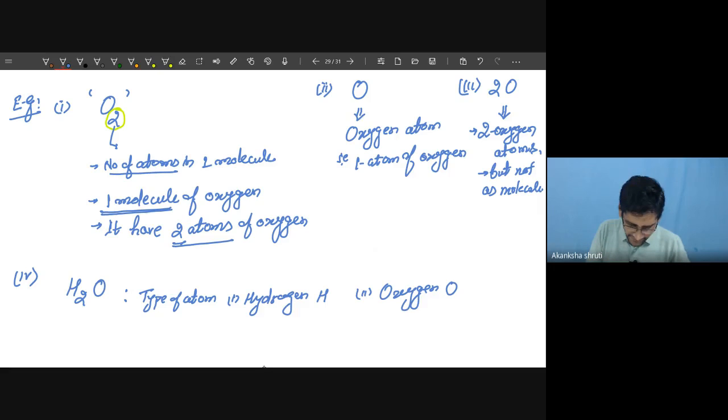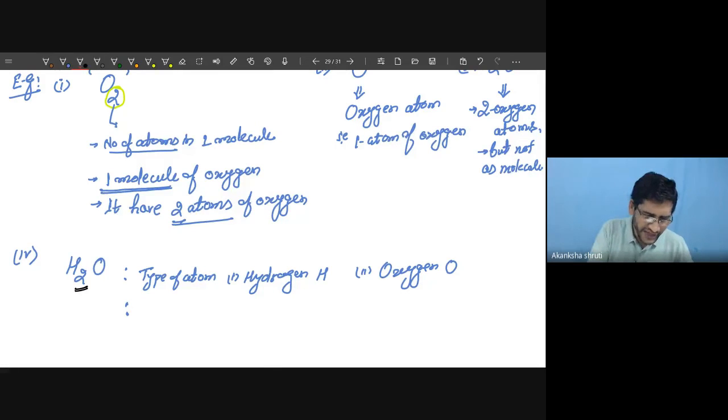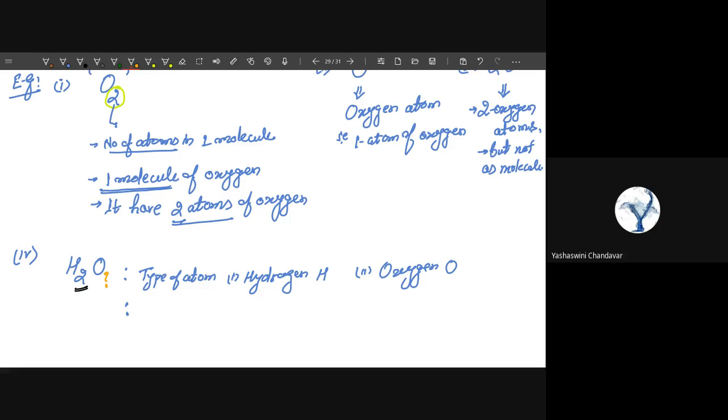In addition, how many oxygen atoms are there and how many water molecules are there? Students, here we have to keep in mind that for hydrogen the 2 is written, but for oxygen nothing is written. So wherever nothing is written as the suffix, it means one. Oxygen is one atom.